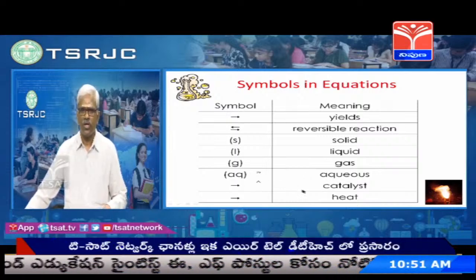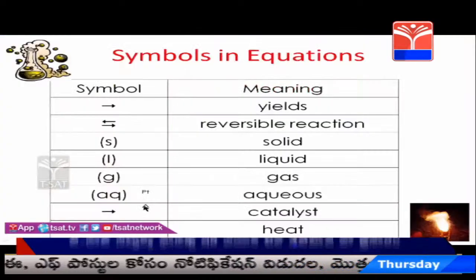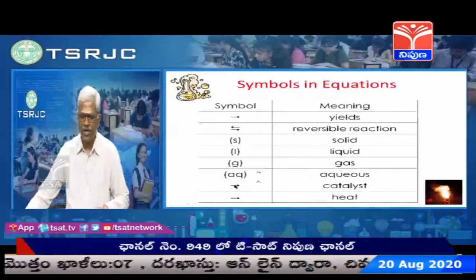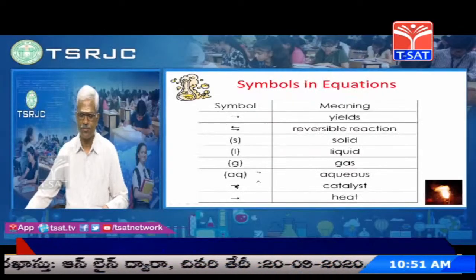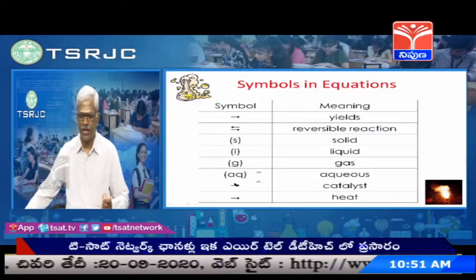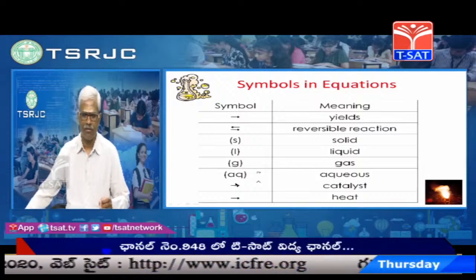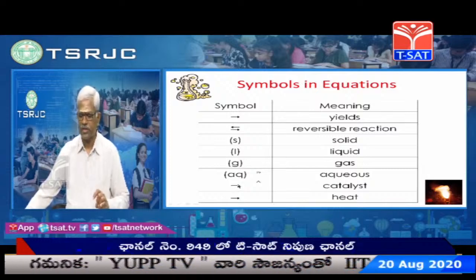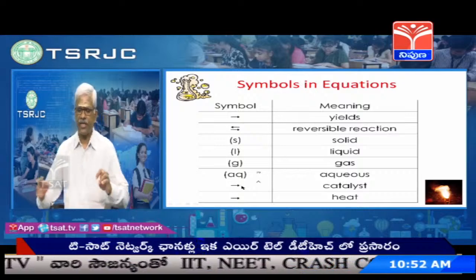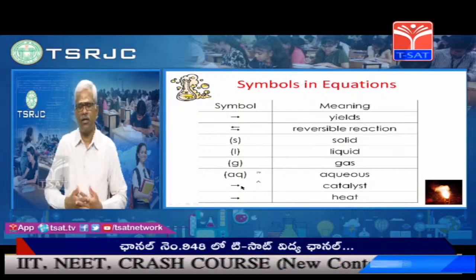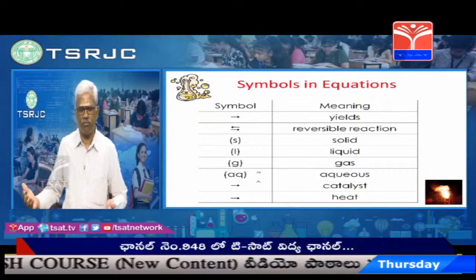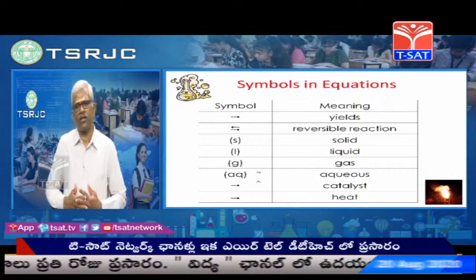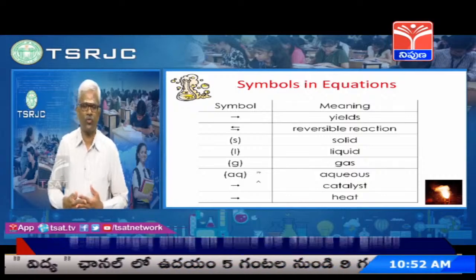Right. Now, the catalyst will be denoted separately on the arrow mark. If we write a name like molybdenum or phosphorus pentoxide, it is known as catalyst. What is a catalyst? In some reactions, when the reactants form products, the reaction will not continue very smoothly.